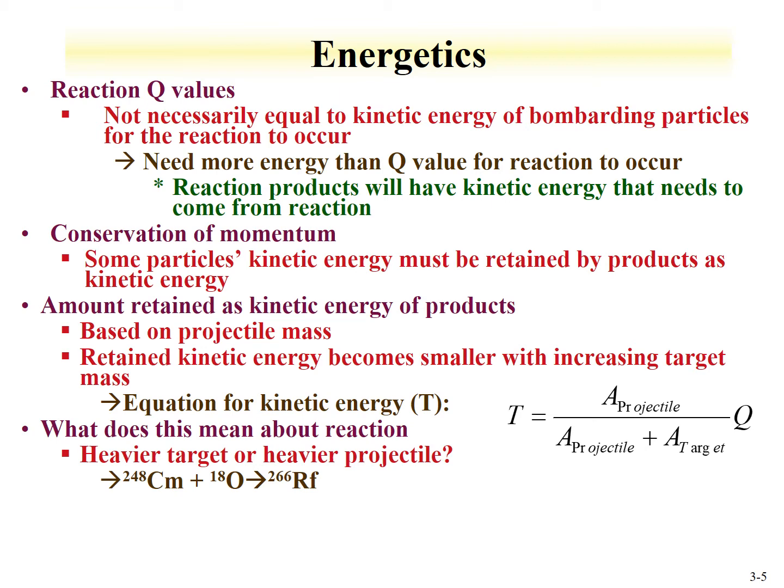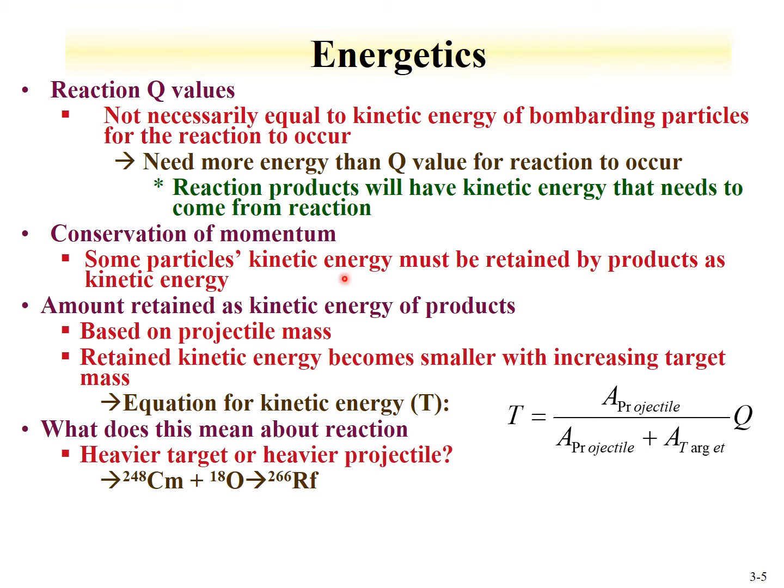The Q value, as we'll see, is a center of mass quantity, and we need to convert it to the laboratory frame. This is due to conservation of momentum. The particle's kinetic energy must be retained as the products' kinetic energy. In other words, all the energy of the system defined by the Q value is not necessarily available just for the reaction. Some has to go into moving the resulting products.